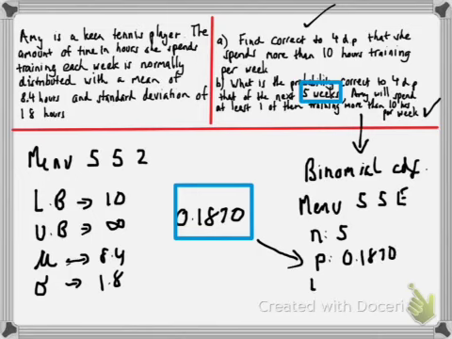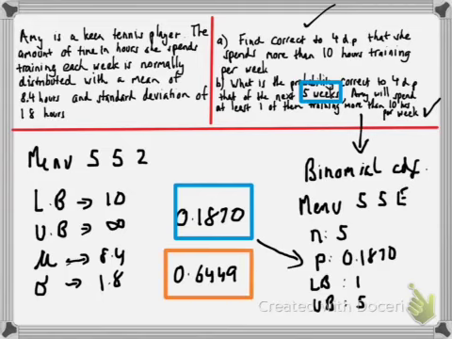Lower bound: at least one of them training more than 10 hours per week, so at least one means our lower bound is 1. Our upper bound would be all 5 of those weeks. And we then place that in our calculator. Okay, and the answer to 4 decimal places is 0.6449. So that's the answer to part B.